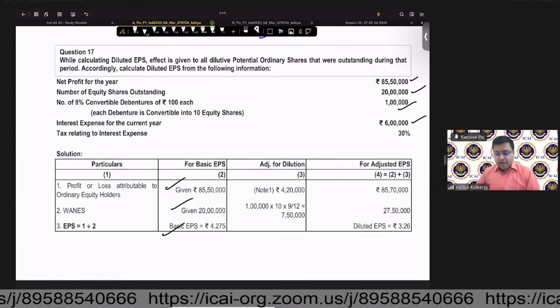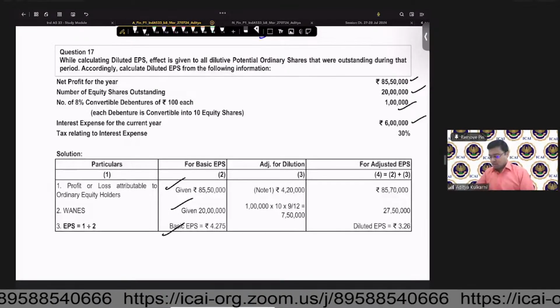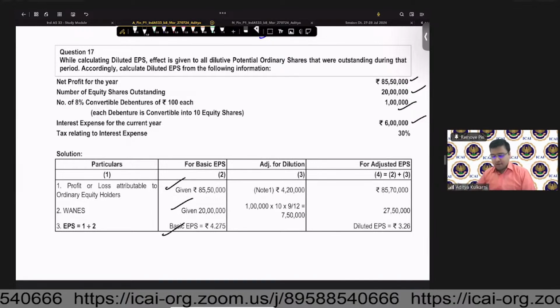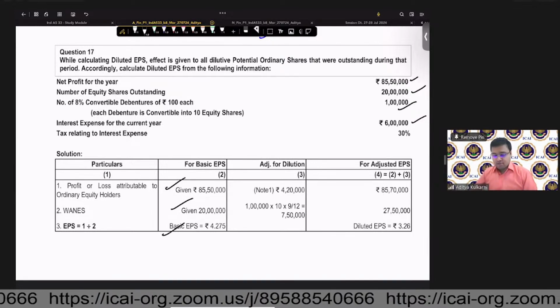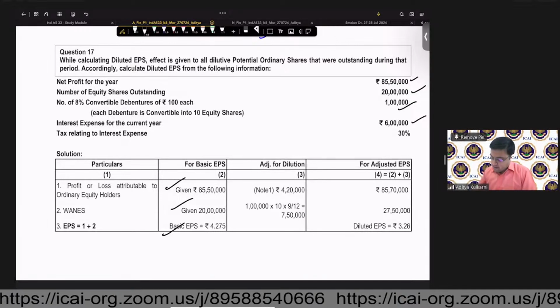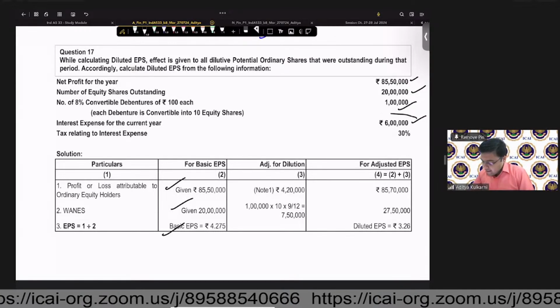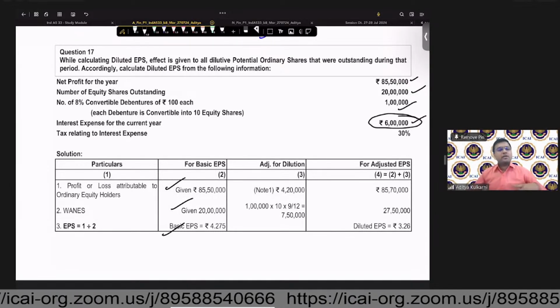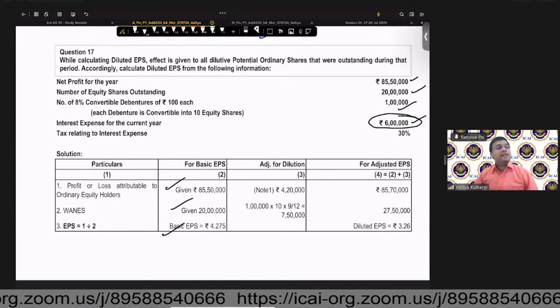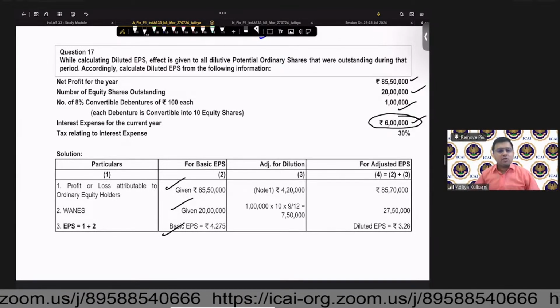So now you have to calculate the basic and diluted EPS. Basic EPS we are done with. Now coming to the diluted EPS, I have my interest expense of 6 lakhs, which will be a saving in the future. But the saving will be only 70% of this. 30% will go into tax.